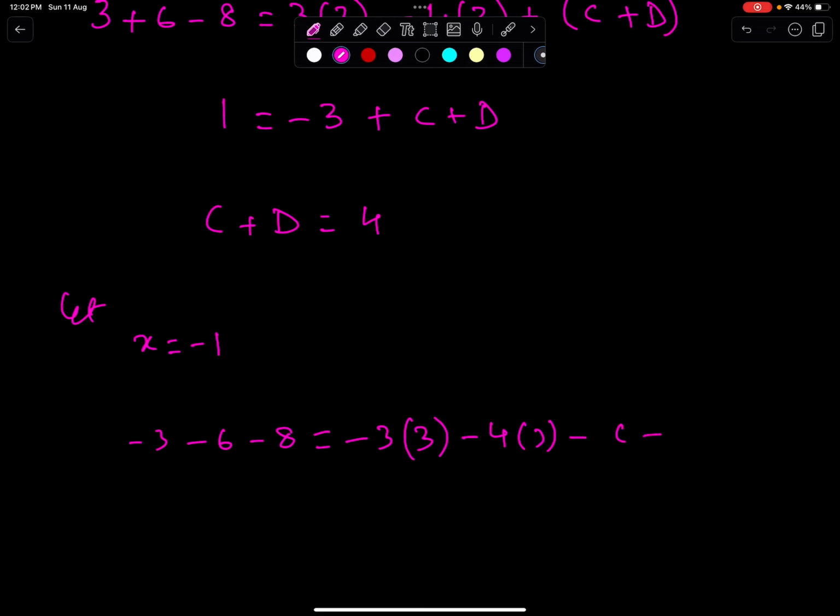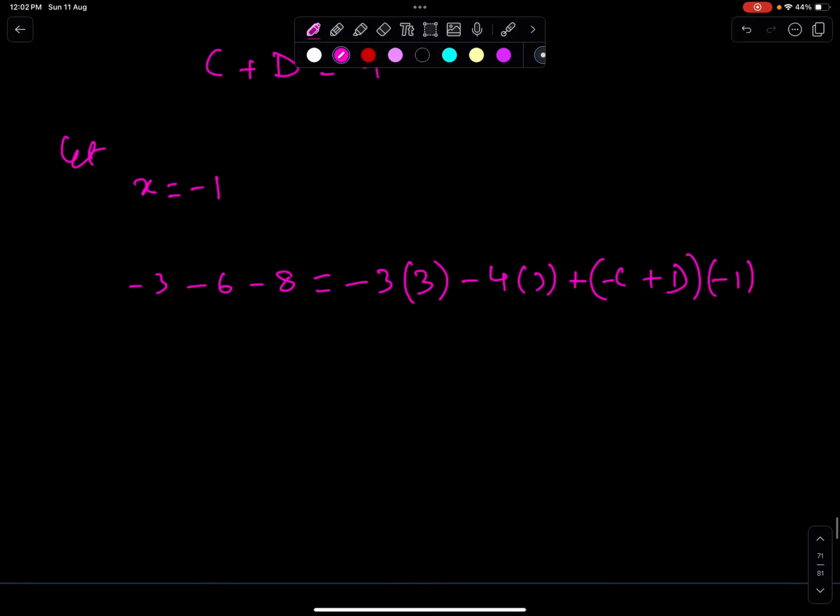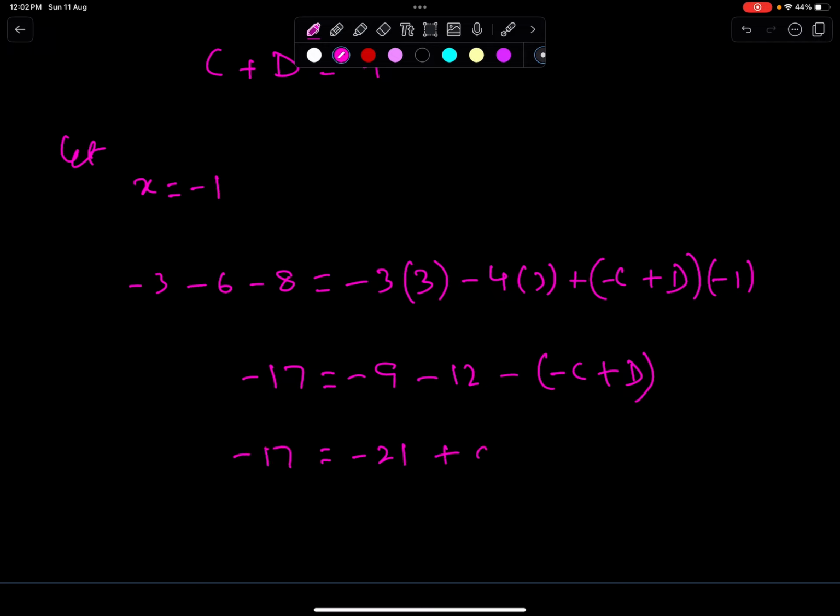Then minus c plus d and minus 1. So we have minus 17 on the left side. This is negative 9, this is negative 12, and this is minus c plus d. So we have minus 21 here and minus 17 here plus C minus D.